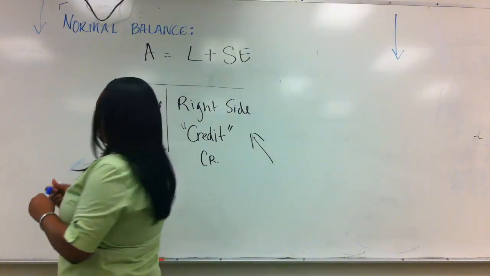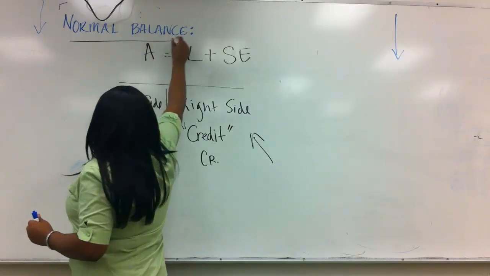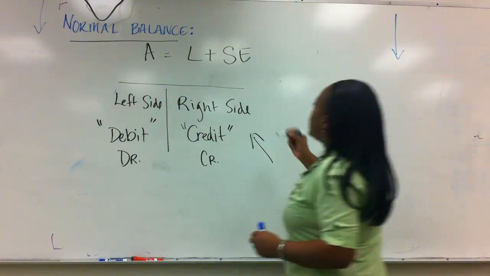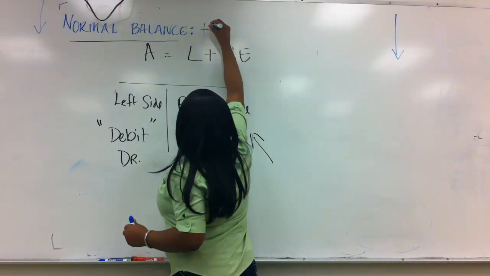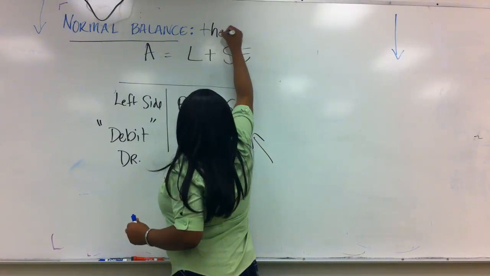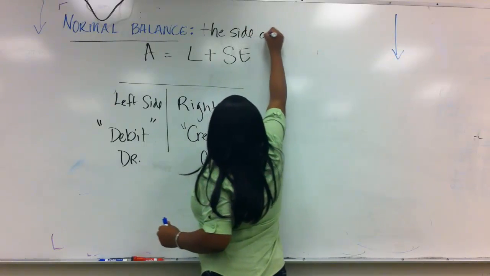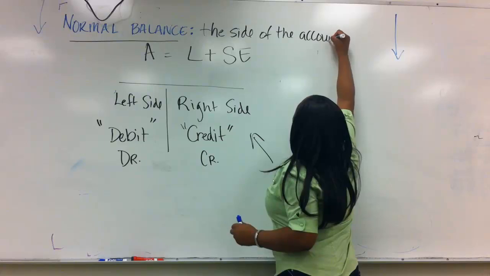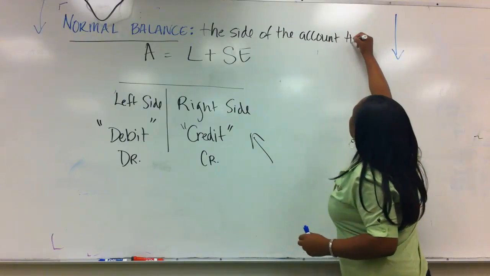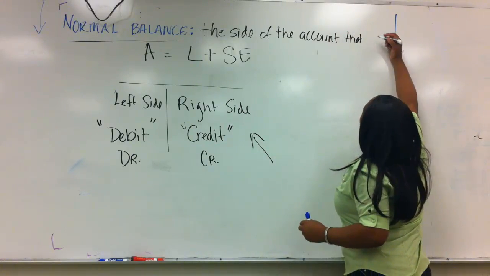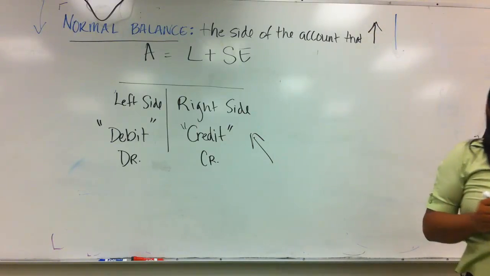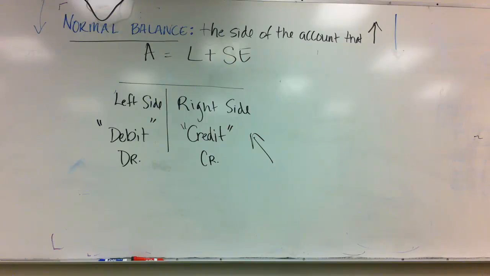Now, something else that you're going to need to know is what does normal balance mean? Normal balance means the side of the account that increases, that goes up, that causes the balance to get higher.